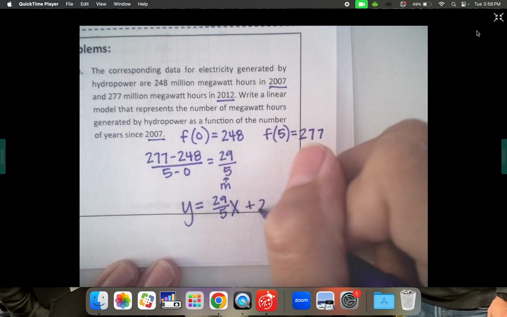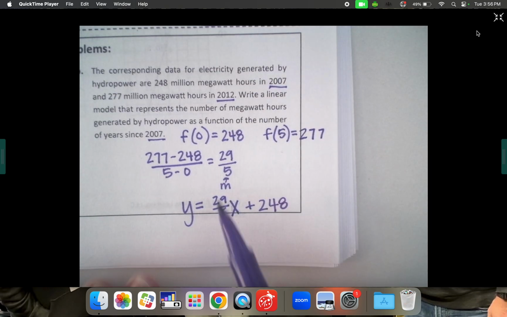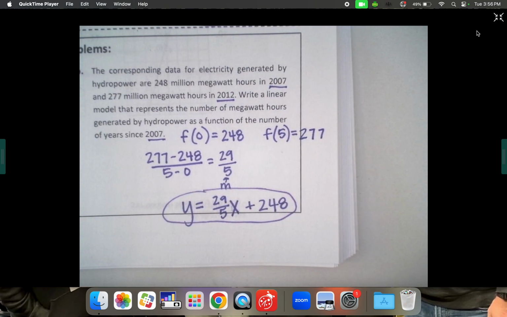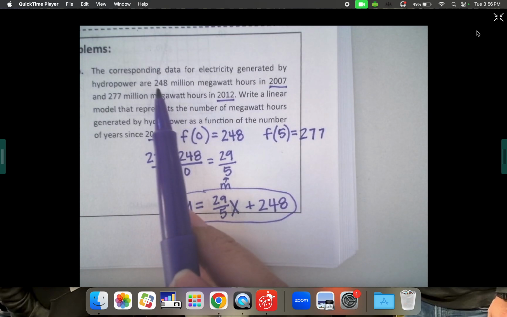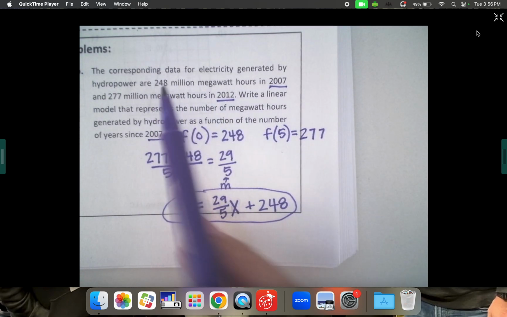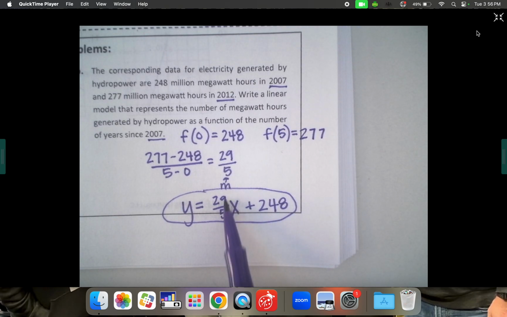So plus 248. And just to make it make sense in your brain, what that means is we started at 248 million megawatt hours, and they added a rate of 29/5 per year since then.